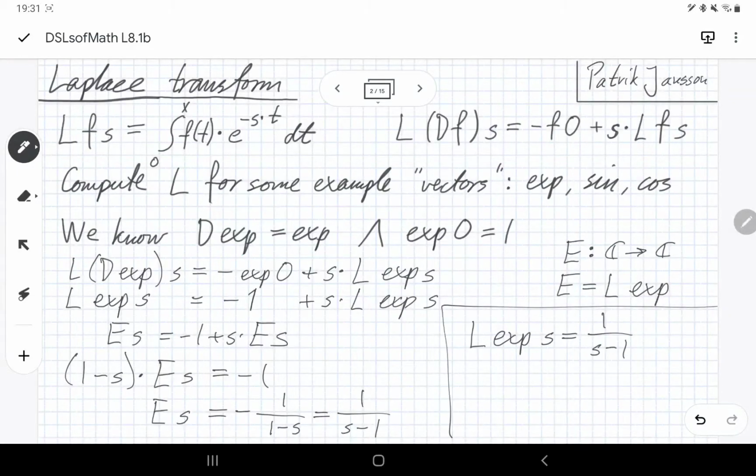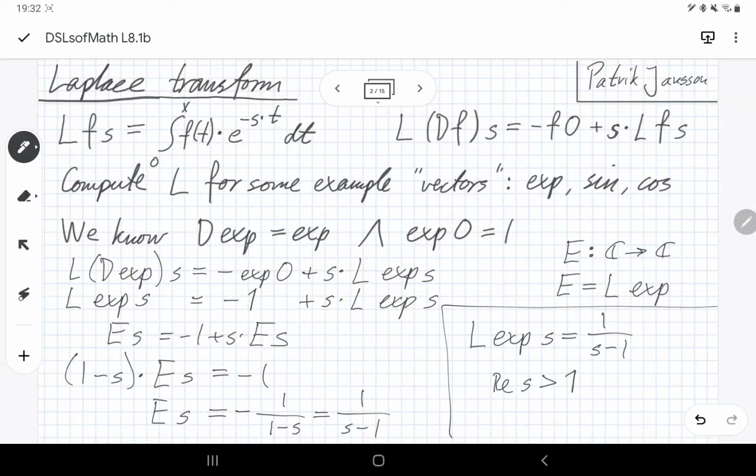So if s is equal to 2, for example, it's 1 over 2 minus 1, which is 1 over 1, which is 1, and so on. It's also worth noting that it's not defined for s equals 1, because then this would go to infinity. So basically this function that we transform exp to is only usable for the real part of s greater than 1.